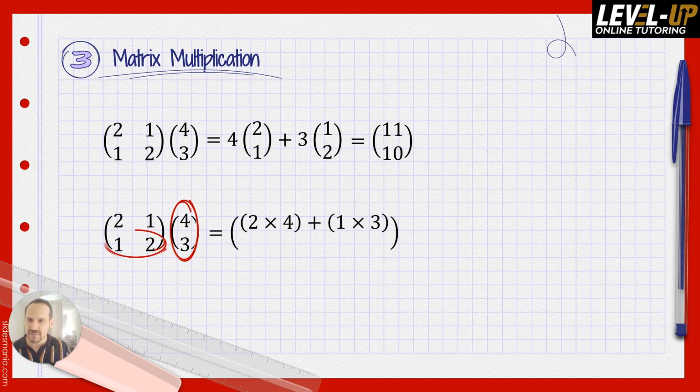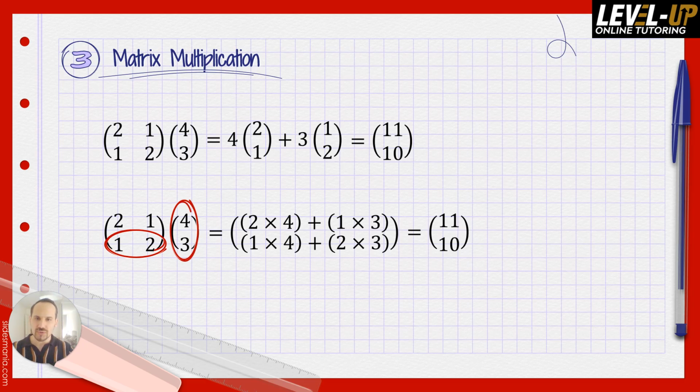Similarly, the next value in this resultant vector is going to be the bottom row of the matrix times again that column in the vector, and you see you get this. Then we just need to calculate each of those elements. If you do that, you find you get 11, 10 again, which you should. Whichever way you do this, you should get the same value. Otherwise, something's gone wrong.